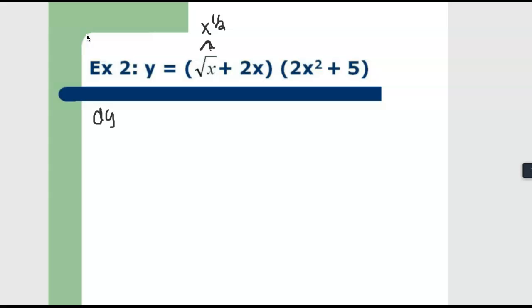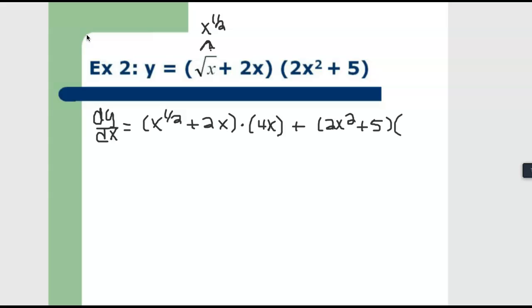So dy dx is the first times derivative of the second plus the second times derivative of the first, and then you have to distribute and combine like terms.